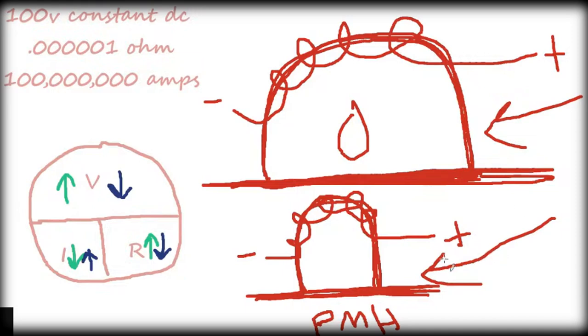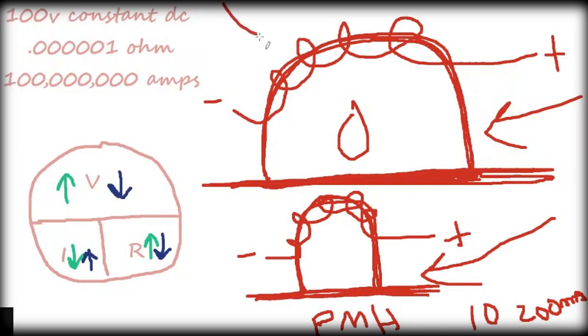You pulsed the bottom one with, let's say, 10 volts, 200 milliamps, is what you were able to get through the coil.